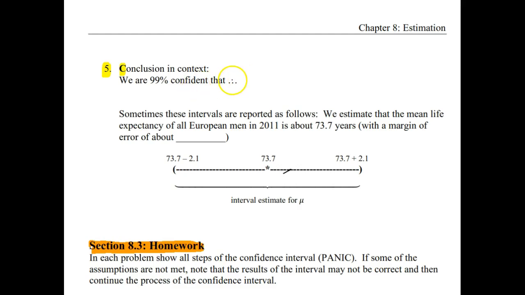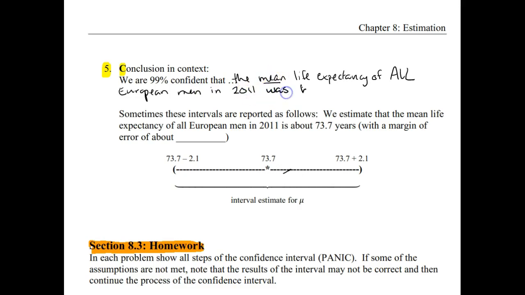So we are 99% confident that the mean life expectancy of all European men in 2011 was between 71.6 years and 75.8 years.